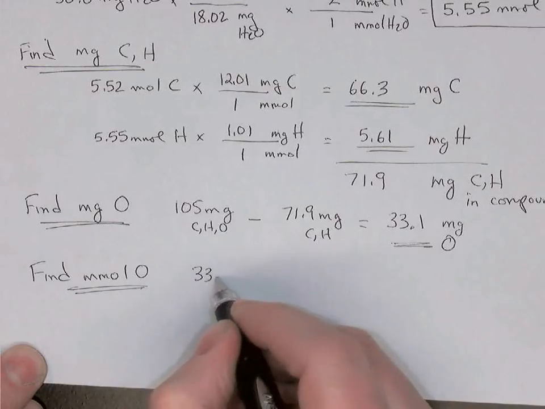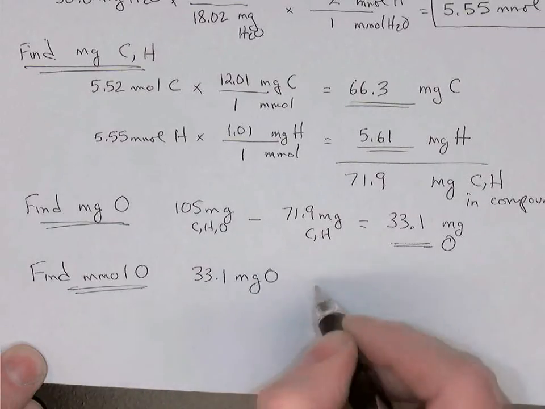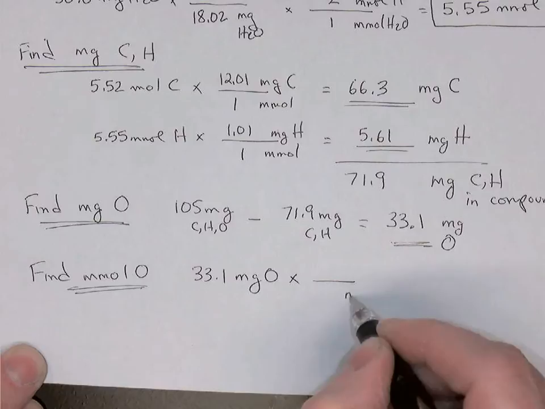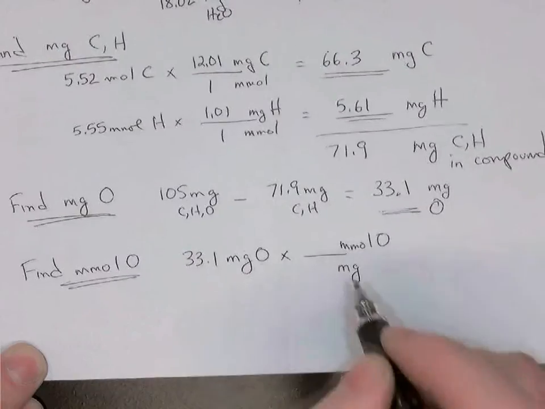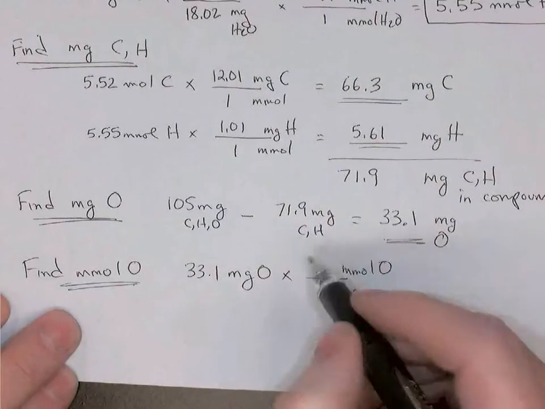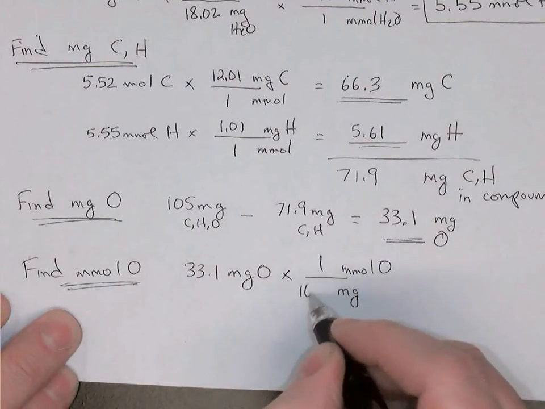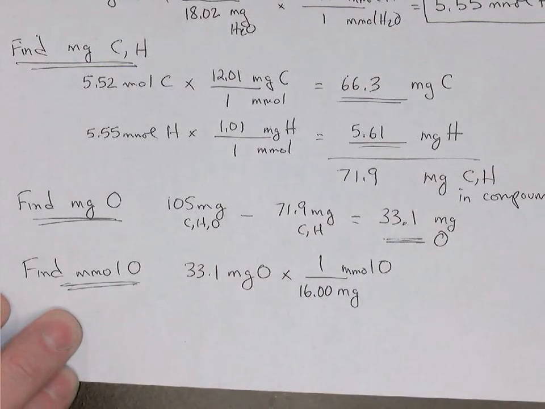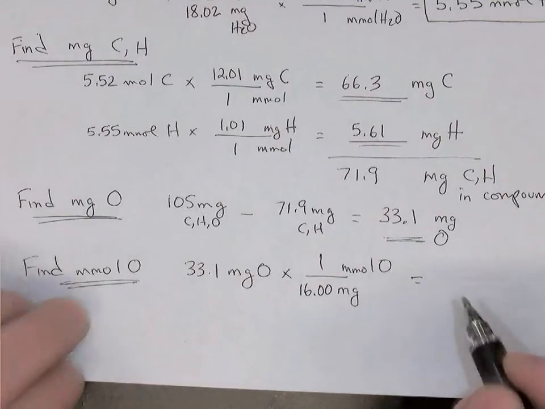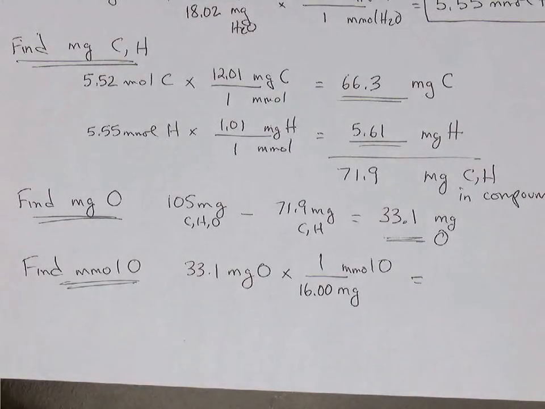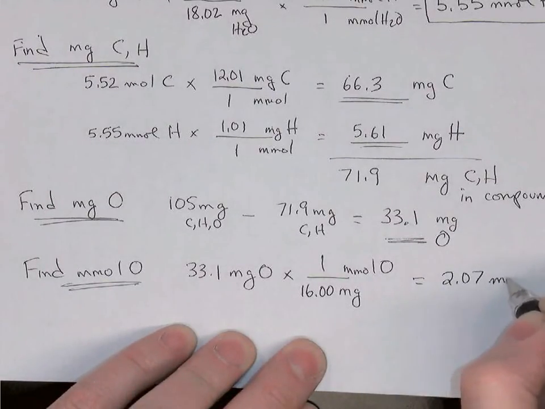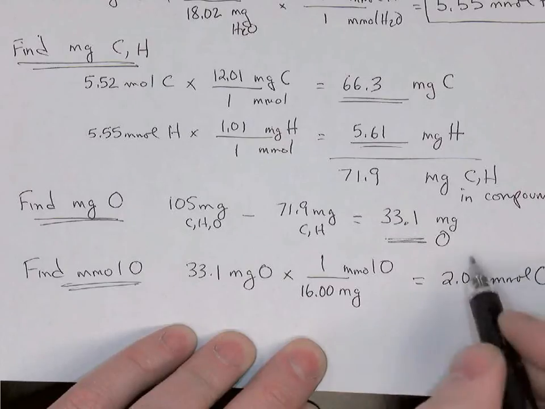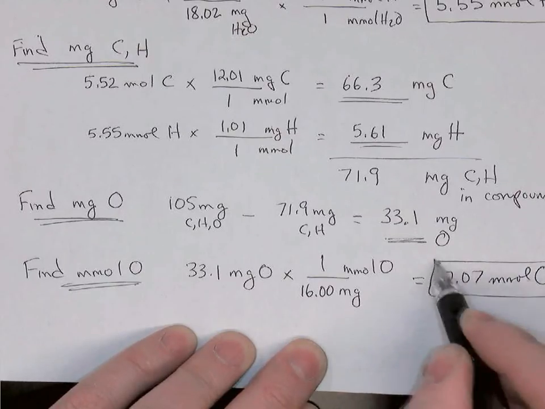There were 33.1 milligrams of oxygen. Convert your milligrams to millimoles of oxygen, and we're going to be home free. So 1 millimole, periodic table, is 16.00 milligrams for oxygen, and that's going to give me 33.1 divided by 16, 2.07 millimoles of oxygen. And I'll put a box around that.